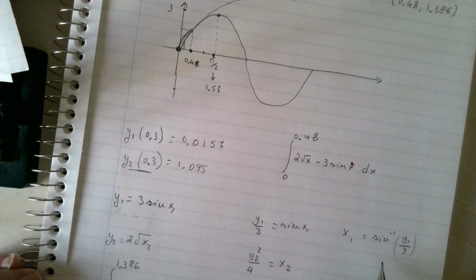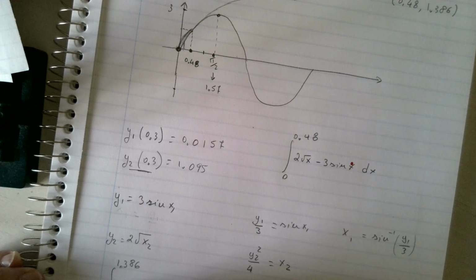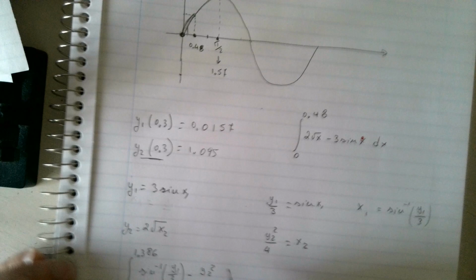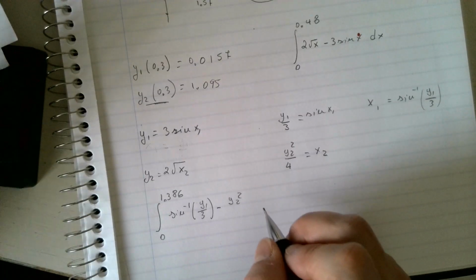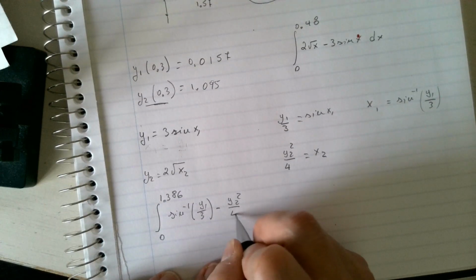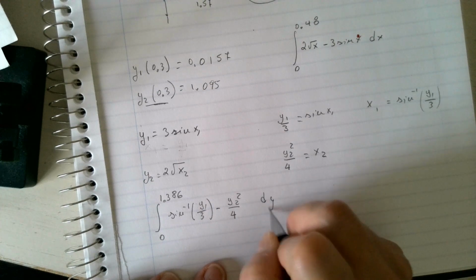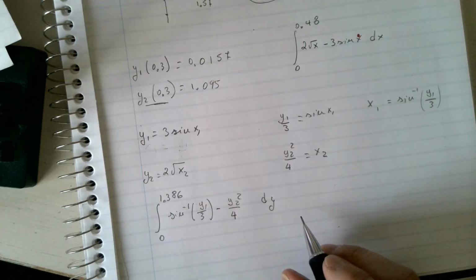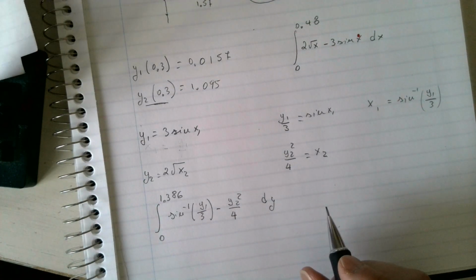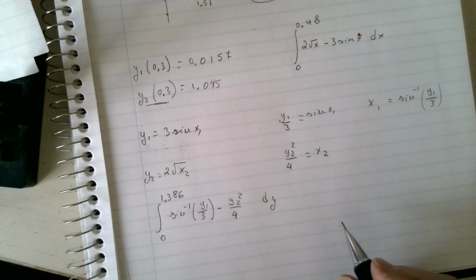And you will find that this time the sine is bigger. So you will do the sine negative 1 of y1 over 3 minus y2 squared over 4. This is in dy. Okay, so I hope that this one makes sense, and I'm about to record the second answer for you.